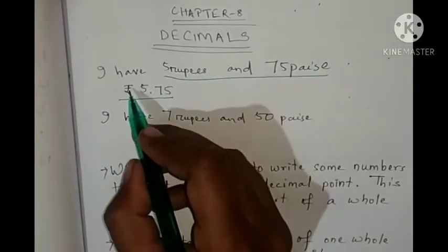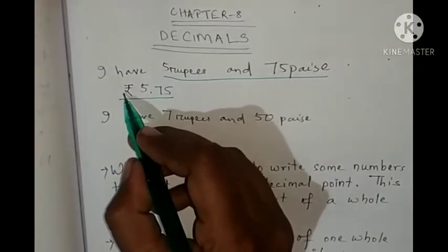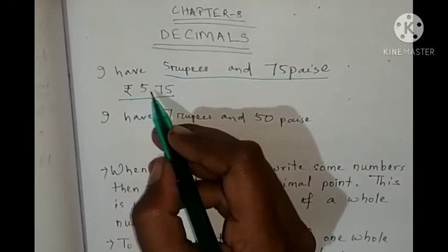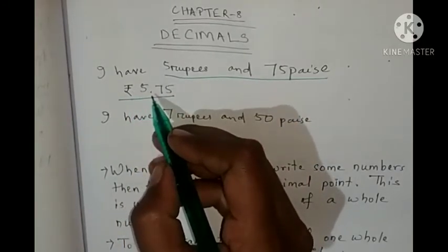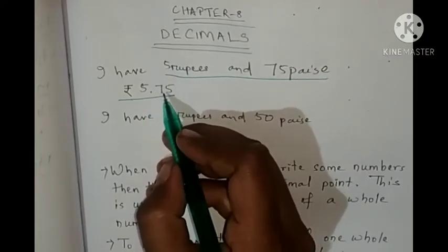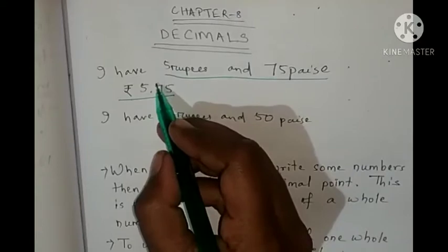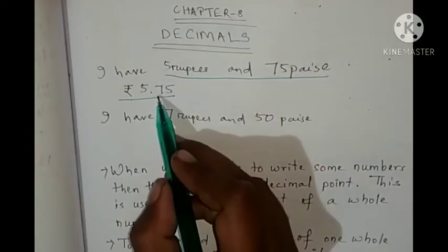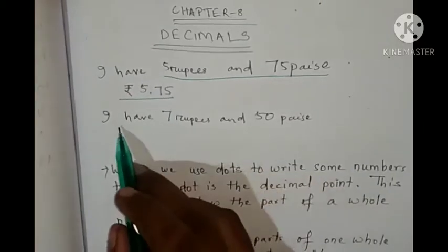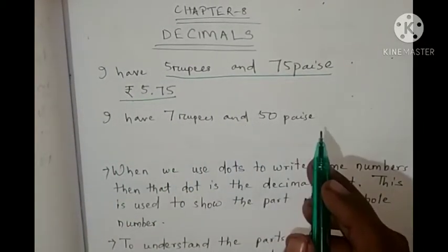Here you see this is the rupee sign, and this is 5 rupees. Here one point is given, this is the decimal point. Then 75 paise is written like this, 0.75.